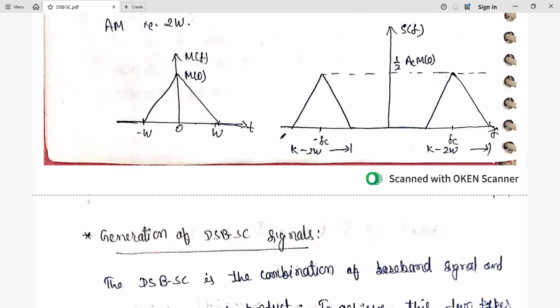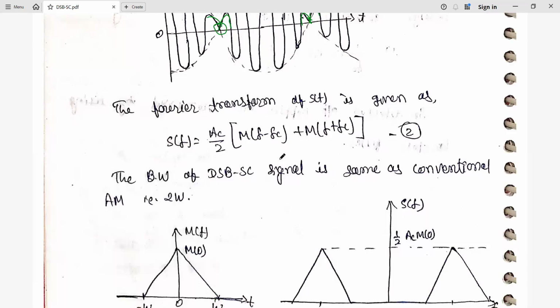And if you see the frequency domain of this modulated wave, this is the Fourier transform of the message signal, M of f minus fc plus M of f plus fc. This we have already seen in the case of normal AM modulation also.